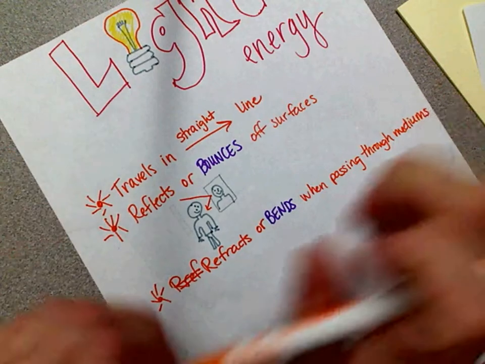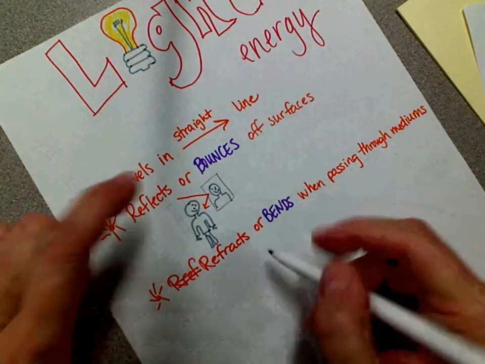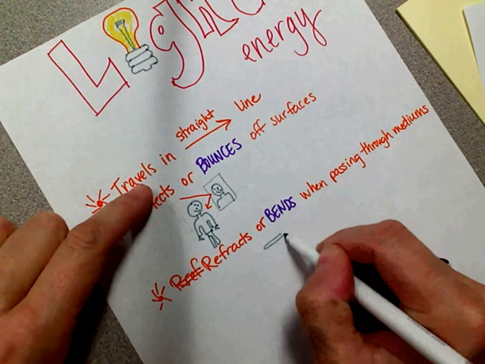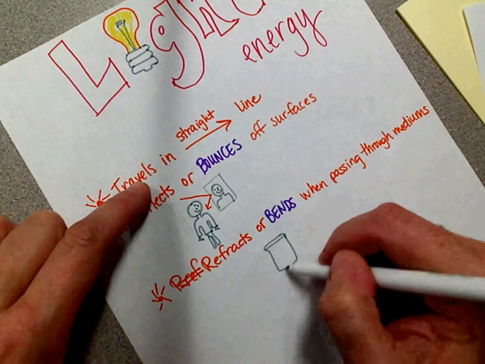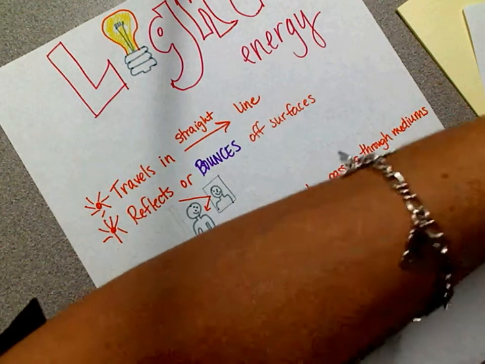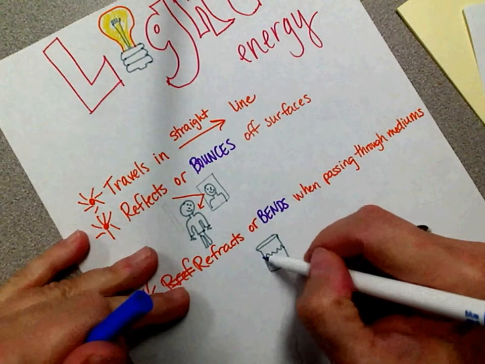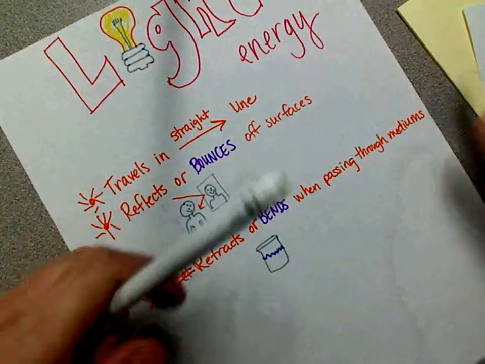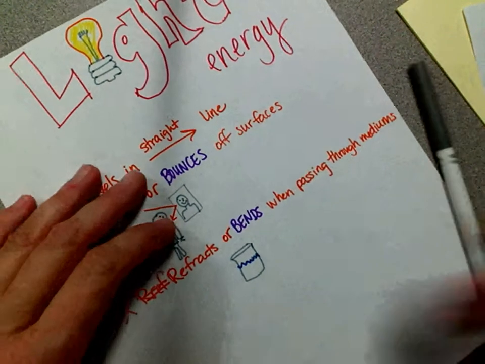Okay. Right. So when we were in the lab, we had this glass, right? And it had a pencil in it. We had our water in here, right? Oops, I forgot the blue. And then we had a pencil sticking in here, right?